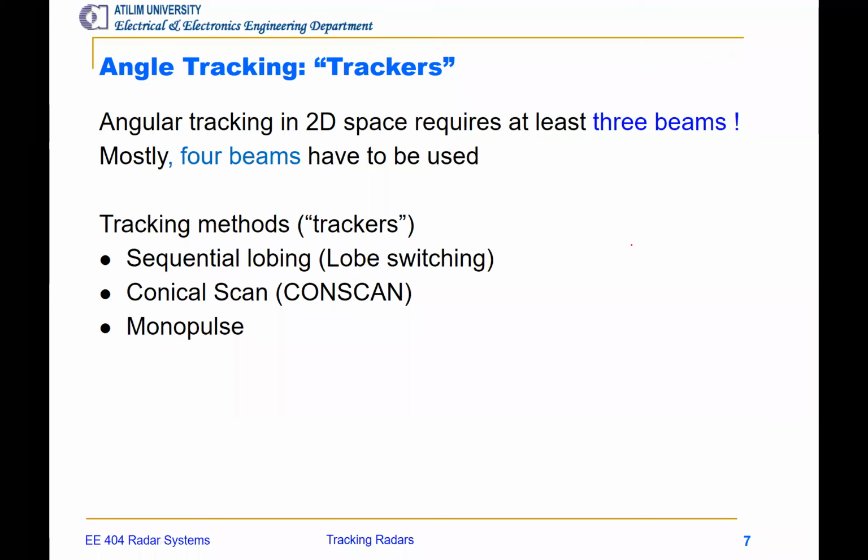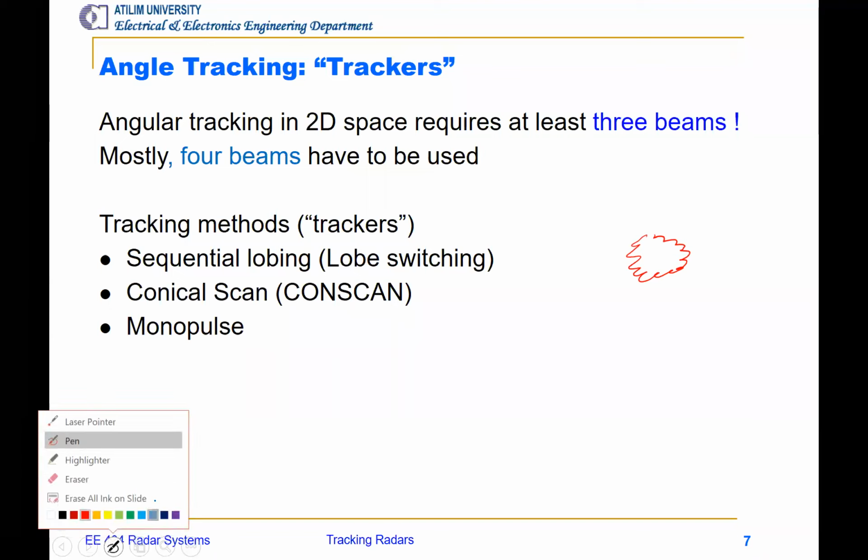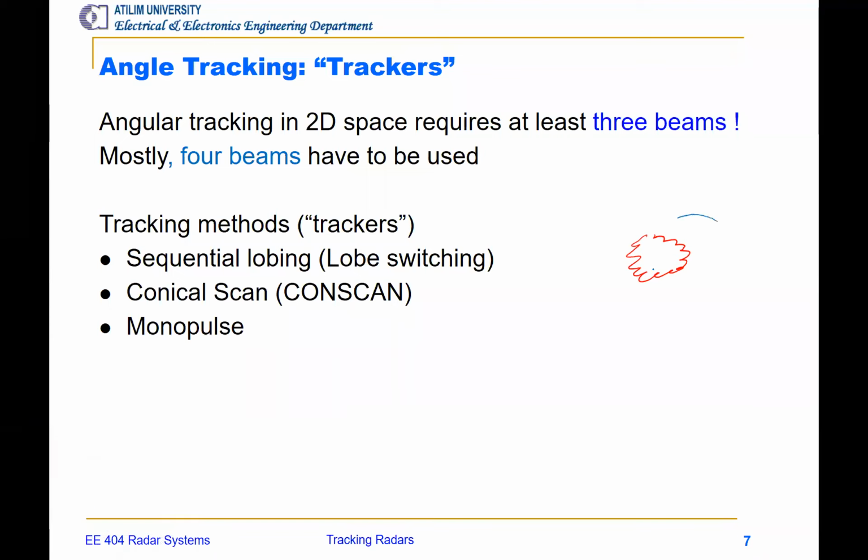So if we have a target here, we have to generate 3 beams like this. This is the footprint of beam 1, beam 2, and beam 3.